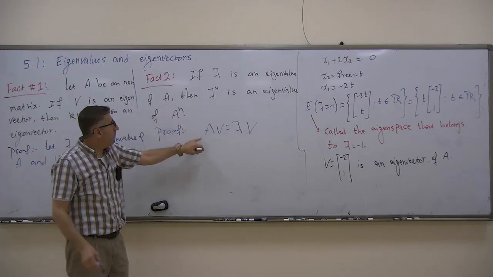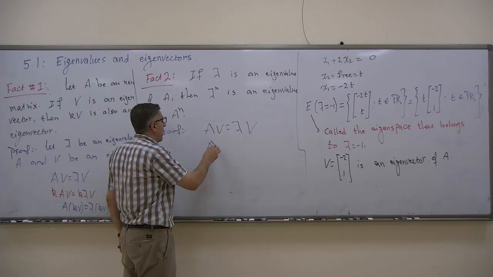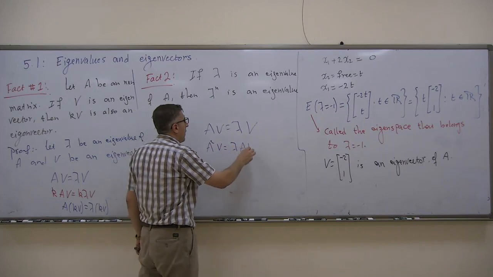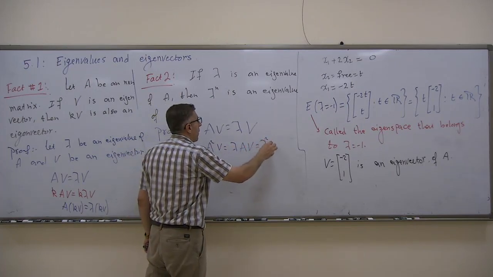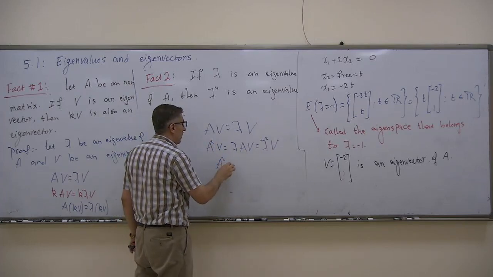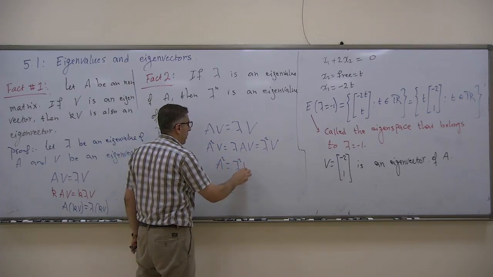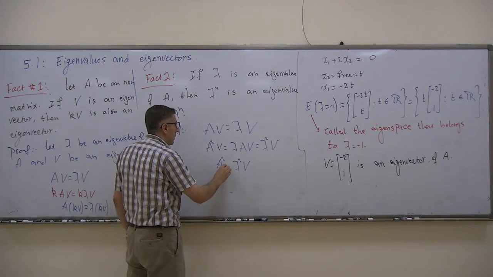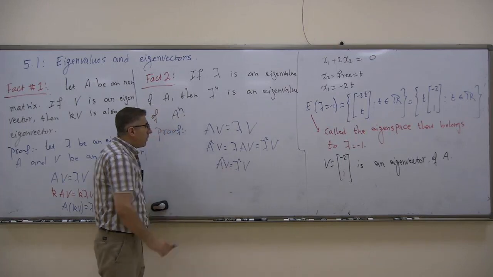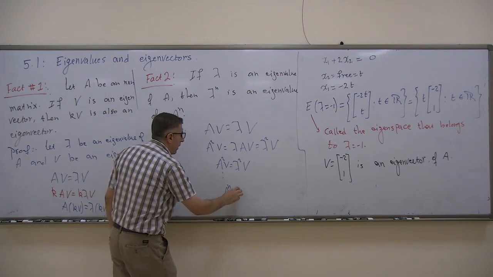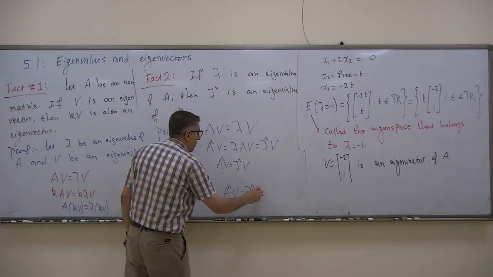So now if I multiply by A, I get A squared V equals lambda AV, and that is lambda squared V. So you have A squared V equals lambda squared V. Keep going in this way. What do you get? You get A to the n V equals lambda to the n V.